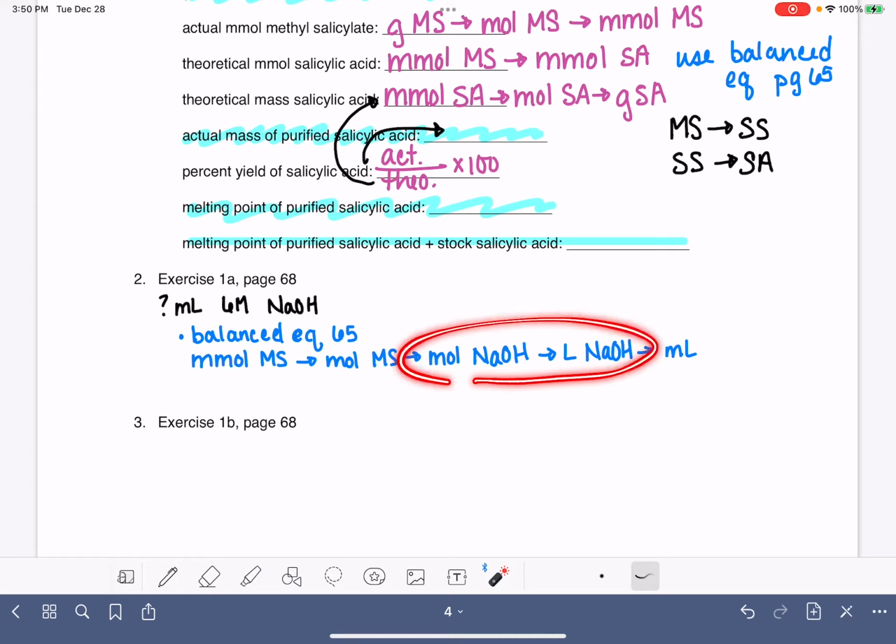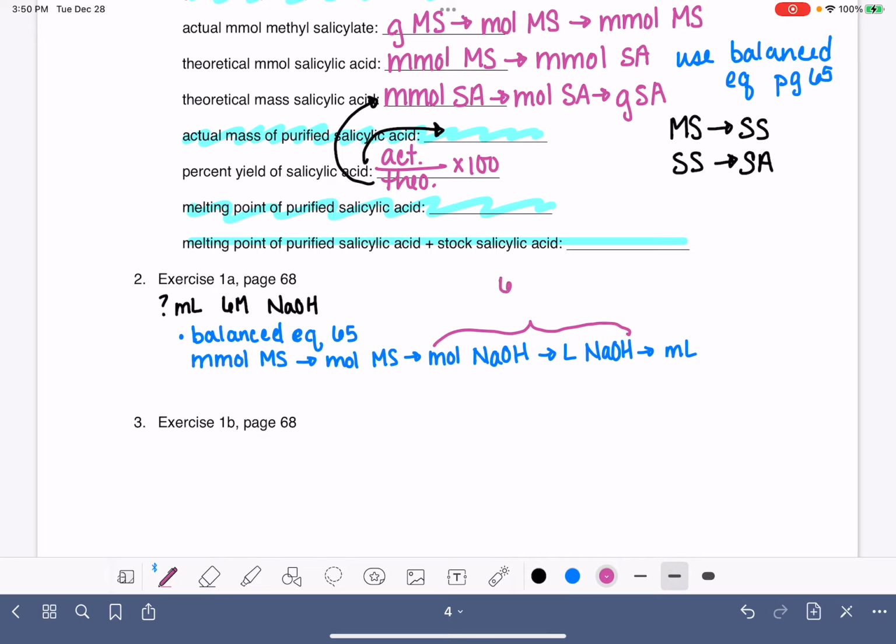Now this mole to liter conversion is going to be done using the molarity of NaOH. Since it's 6 molar, that means 6 moles of NaOH are in every 1 liter of NaOH. So that's the conversion factor that you're going to use for that particular step.